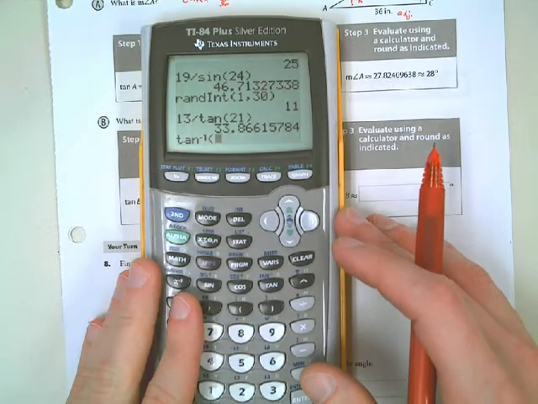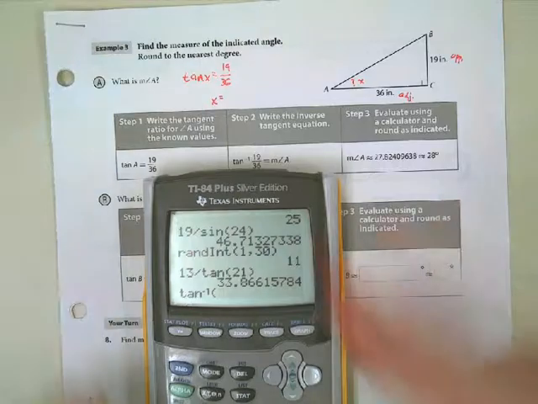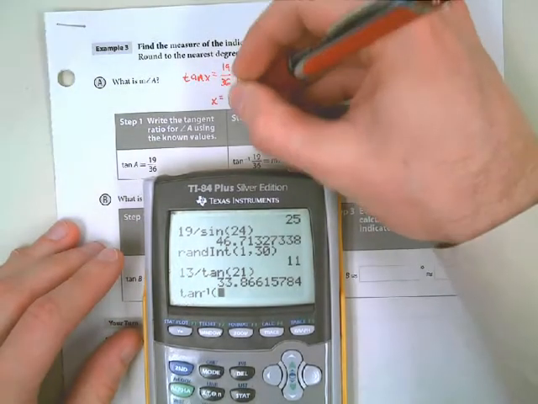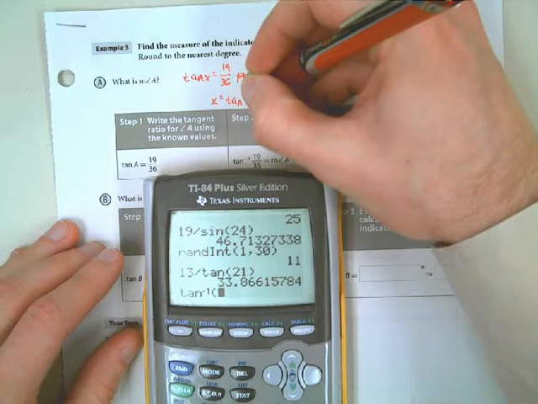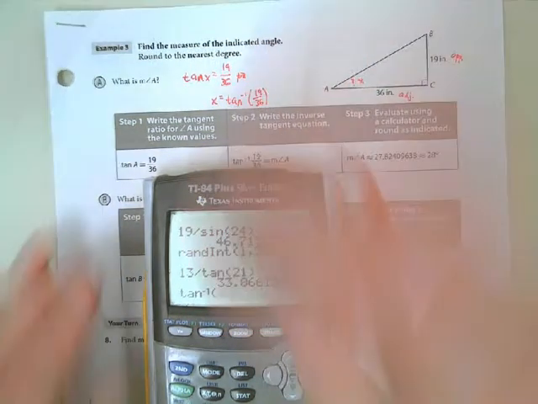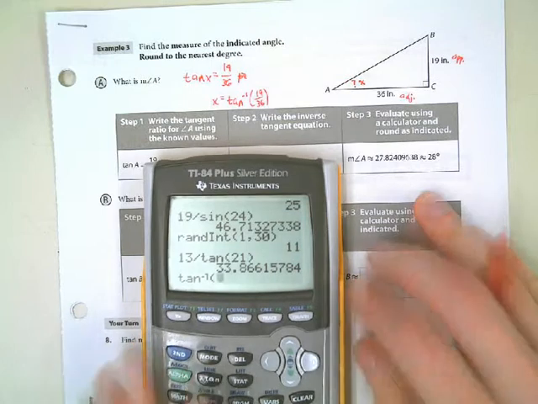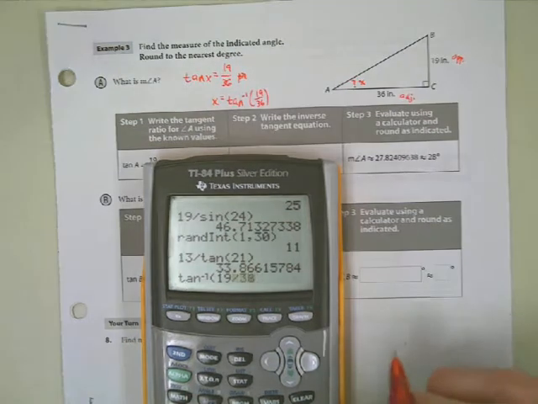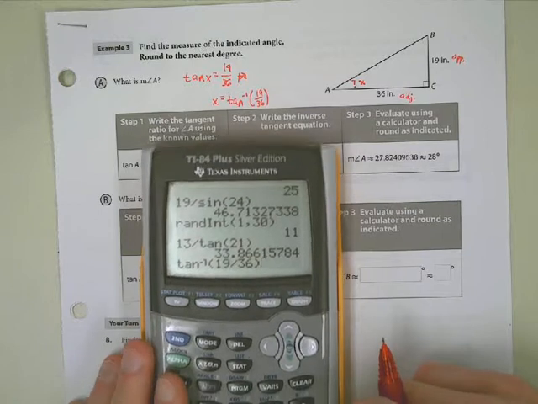Okay? And so to solve this, we're going to rewrite this as, well, actually, I'll put it right down here. X equals the tangent inverse of 19 over 36. It's really easy. We're just basically going to use our calculators here. So 19 divided by 36, we type that into our calculator.